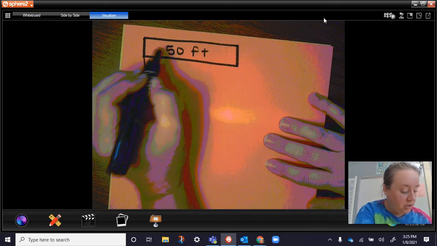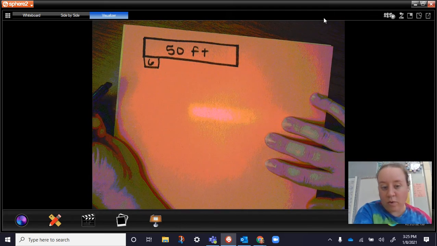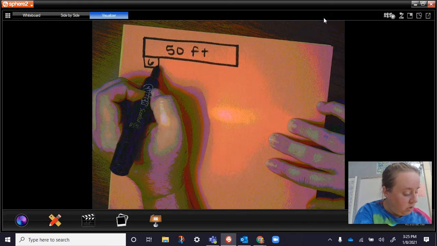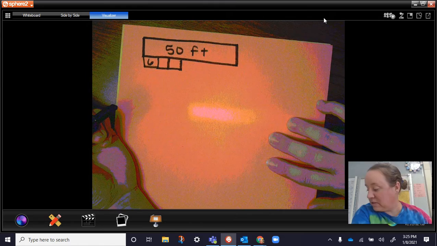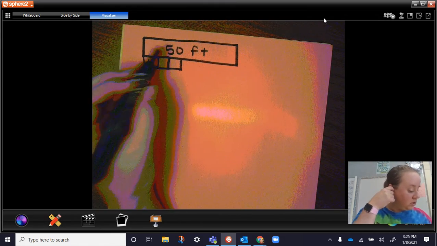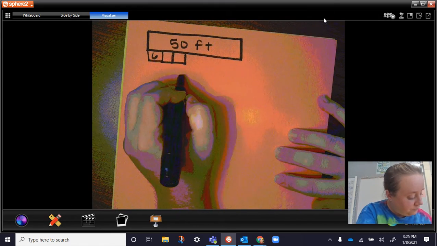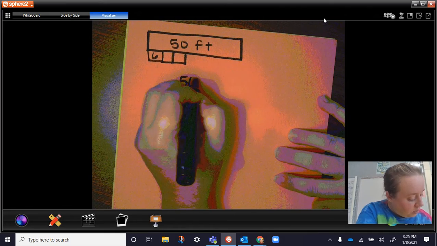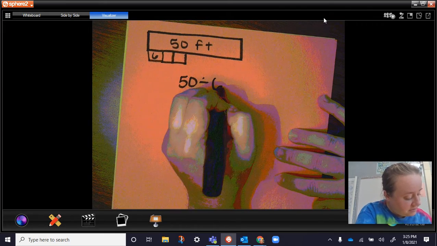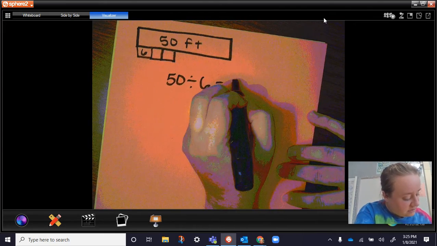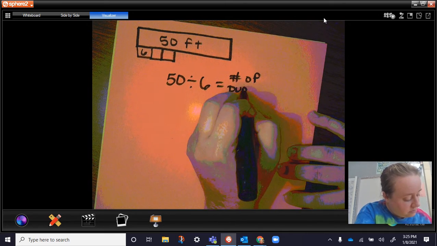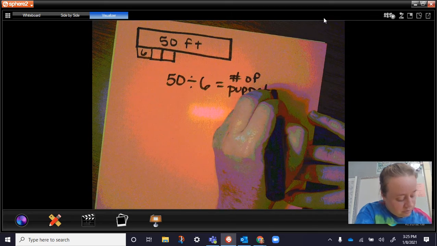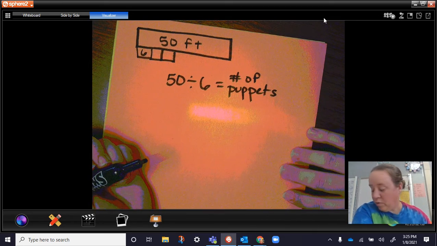Take another little portion, cut it off, make a puppet. What we're trying to find is how many puppets he's going to make. So we're going to take 50 and divide it by 6, and that's going to give us the number of puppets he can make.